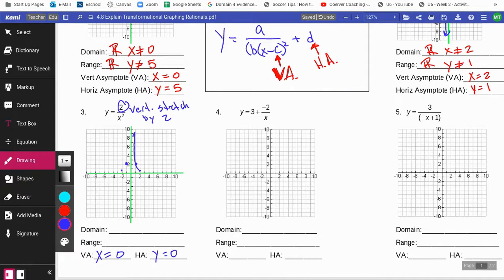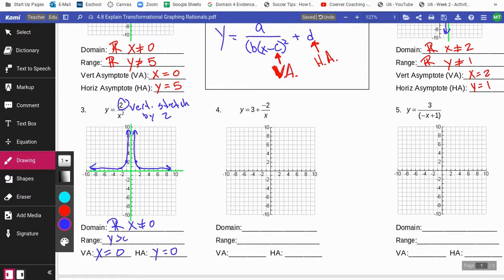And so there's my curve. And so now the domain stays the same: all reals, x cannot equal 0. The range, however, is different because we come from a new parent function. So this goes from 0 to infinity. Again, y is greater than 0, or you can say 0 to infinity that way.